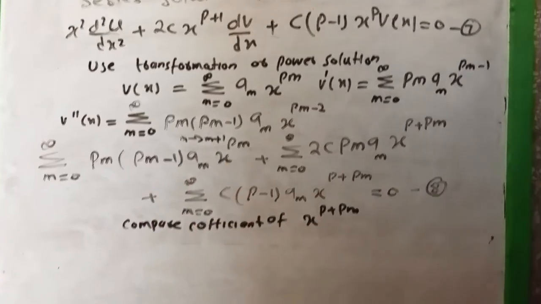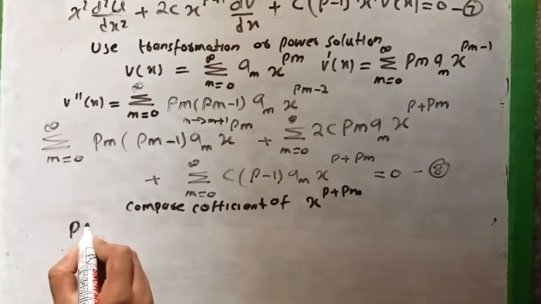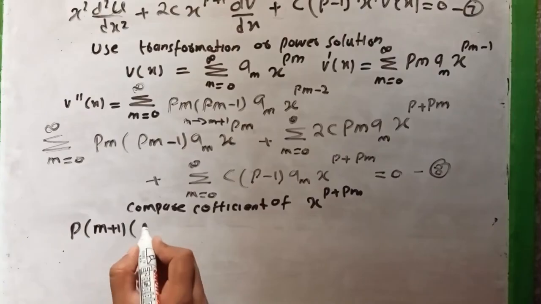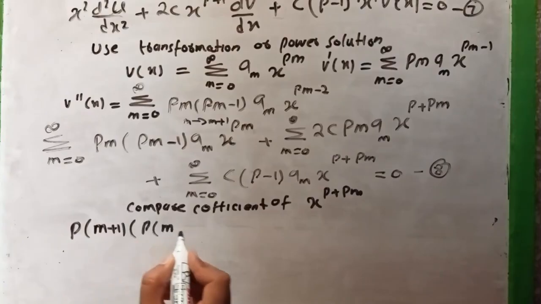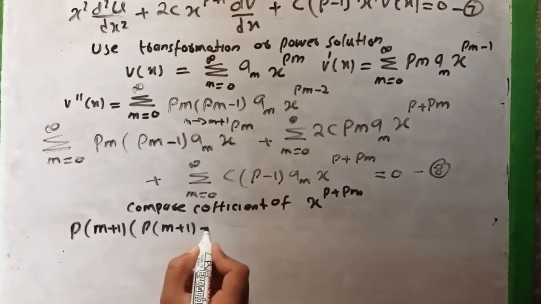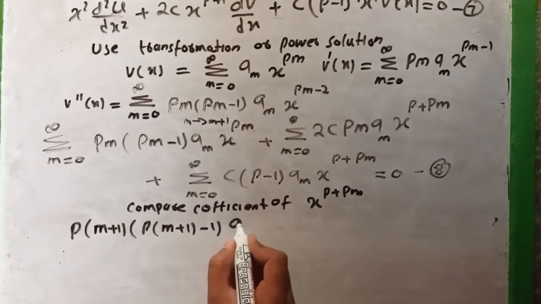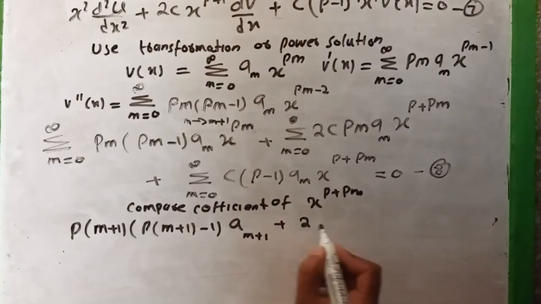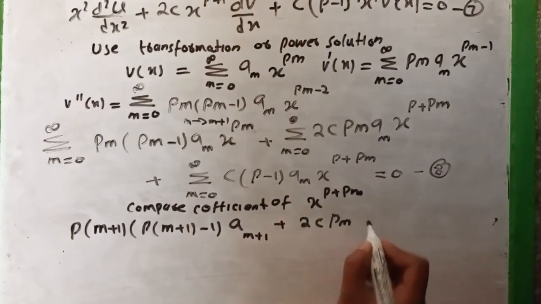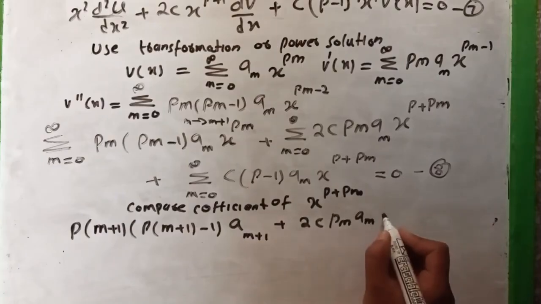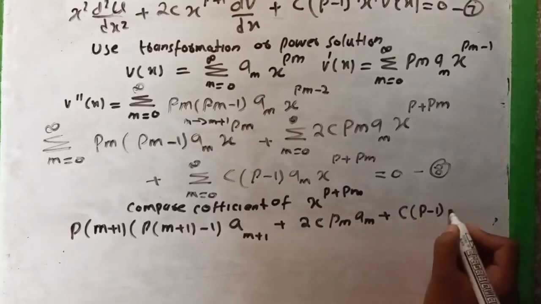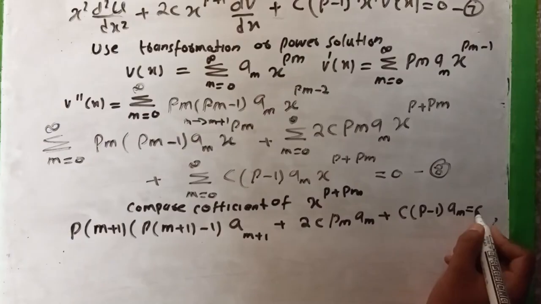So this becomes p multiplied by m plus 1 multiplied by p multiplied by m plus 1 minus 1 a m plus 1 plus 2c pm am plus c multiplied by p minus 1 am is equal to 0.